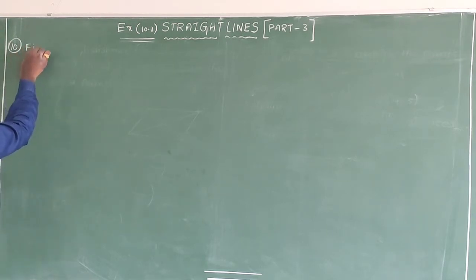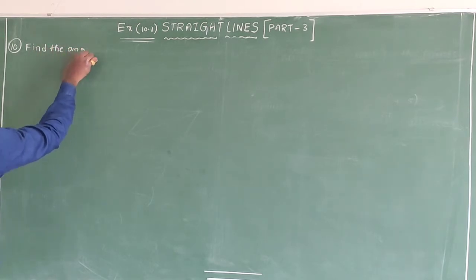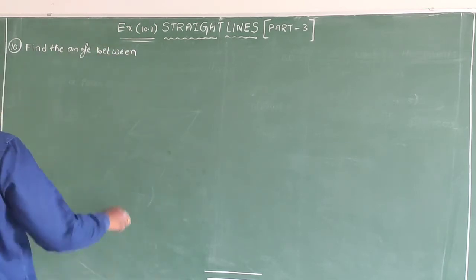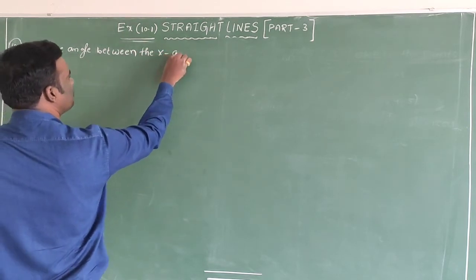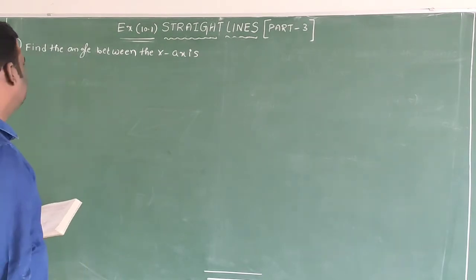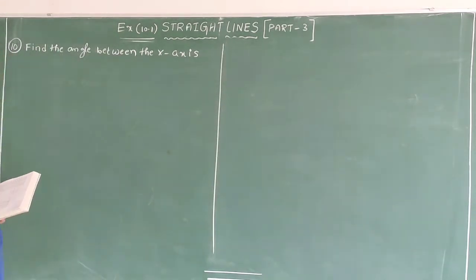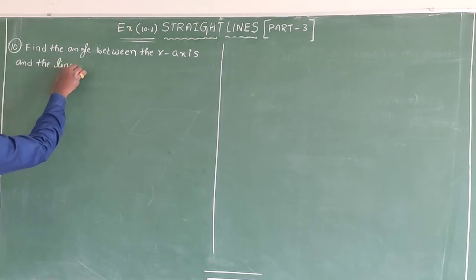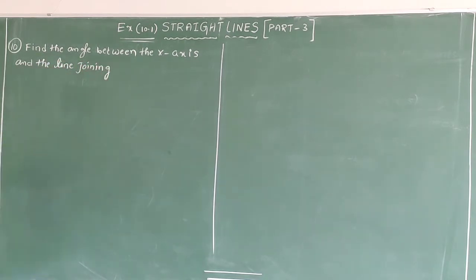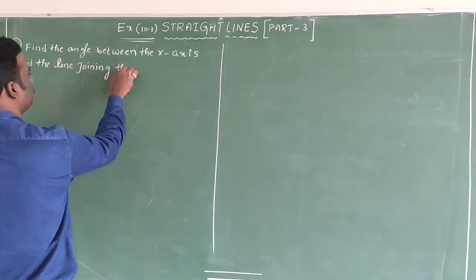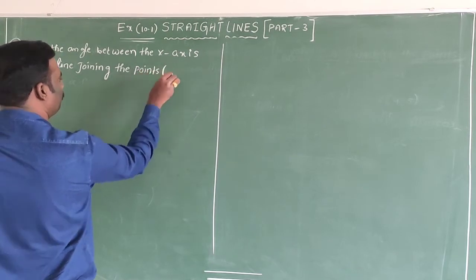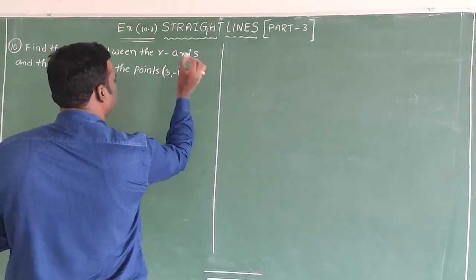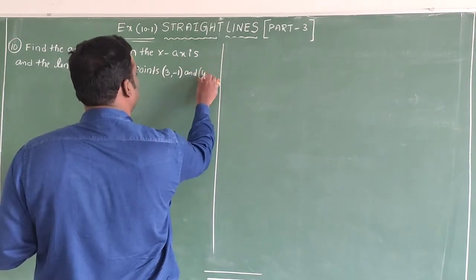Find the angle between the x axis and the line joining the points 3 comma minus 1 and 4 comma minus 2.